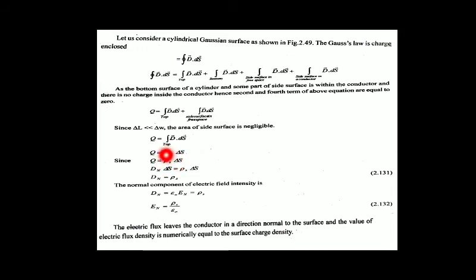From the surface charge density and the total area we can calculate the total charge. So both equations are similar: Dn del S equal to rho s del S. So del S cancels out, and the remaining term is Dn equal to rho s.